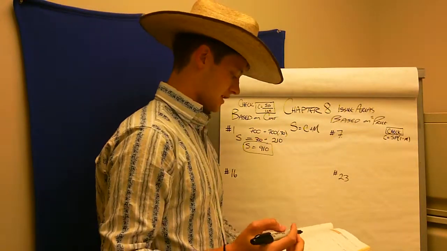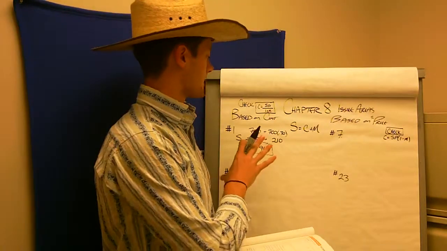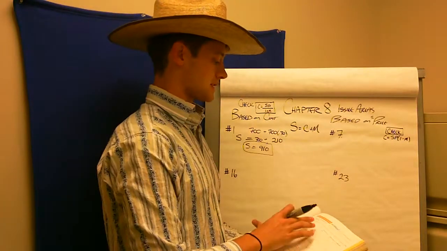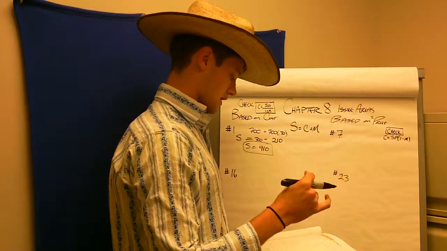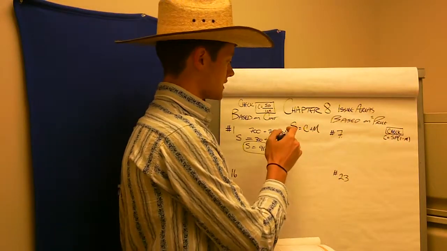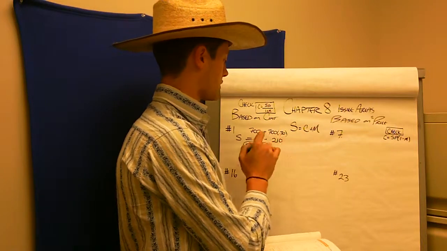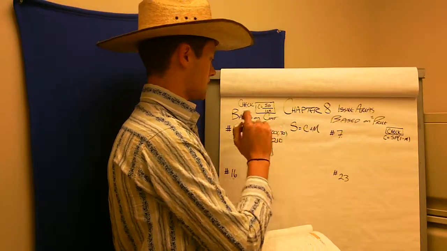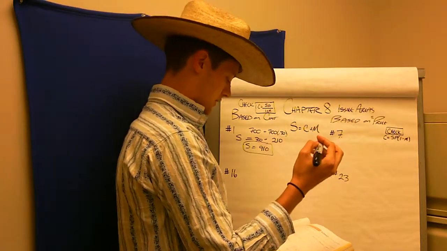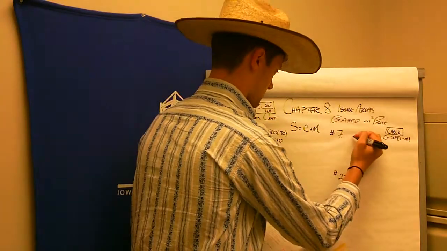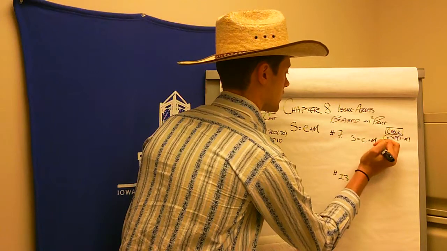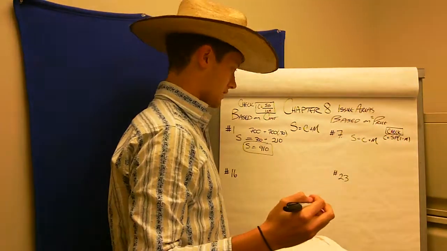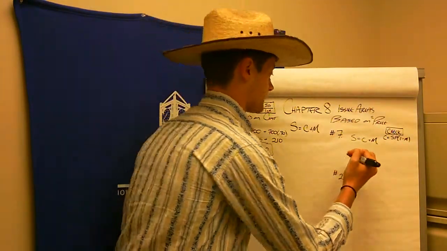If we look at number 7, number 1 was based on cost. That's what it said at the very beginning. Now if we look at based on price, number 7, we're going to have the same formula: selling price is equal to cost plus markup. But we're going to do something different here in our equation because we don't know what the selling price is. So our selling price is 1,000.